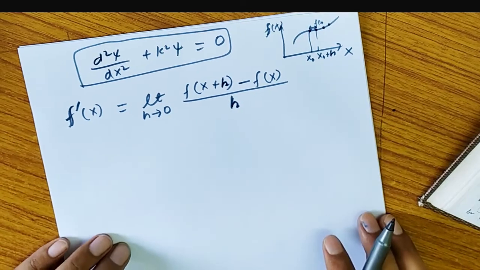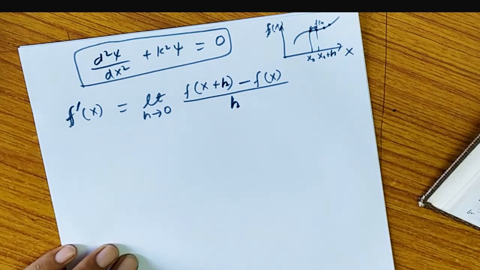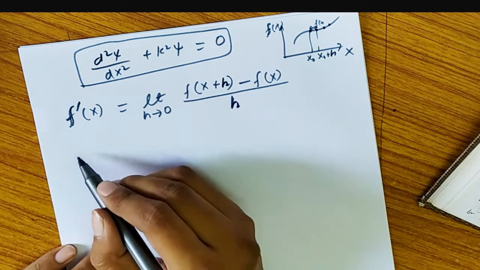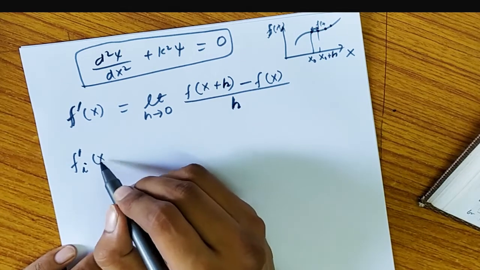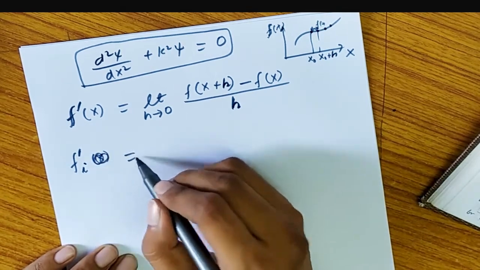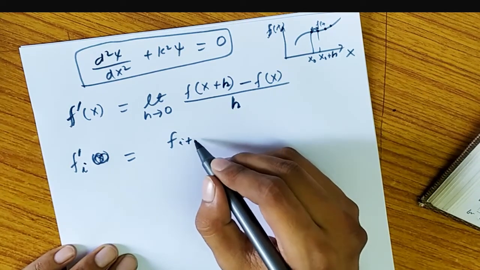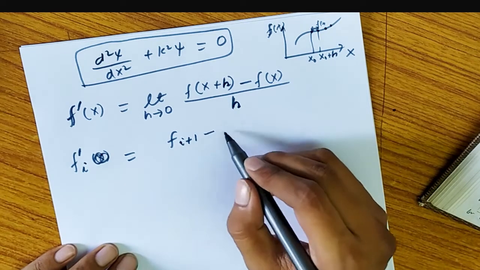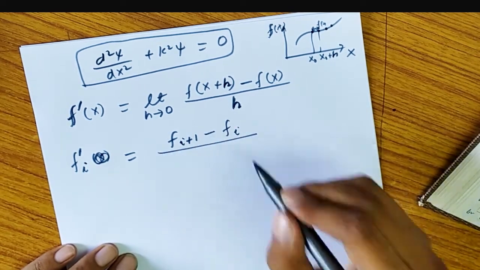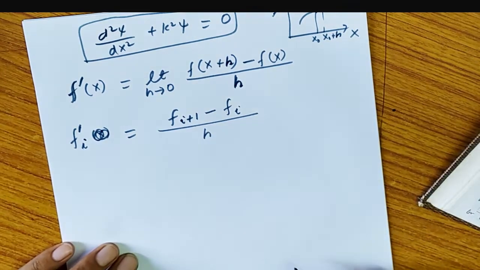So for example, I can write this whole definition in a very initial manner. I can write f'(i) as the function taking a value from its incremented place, subtract its original place, divided by h.